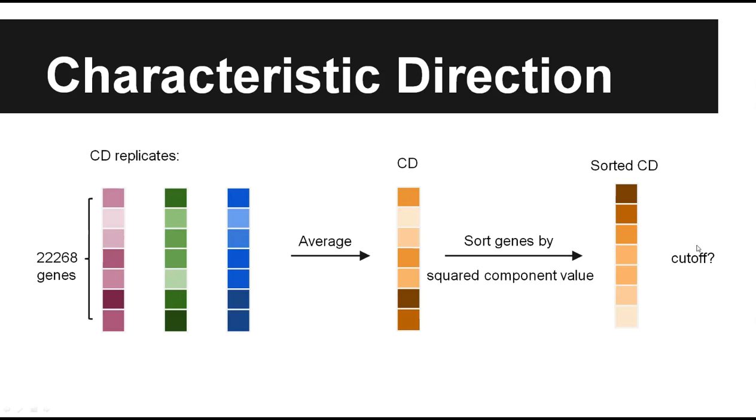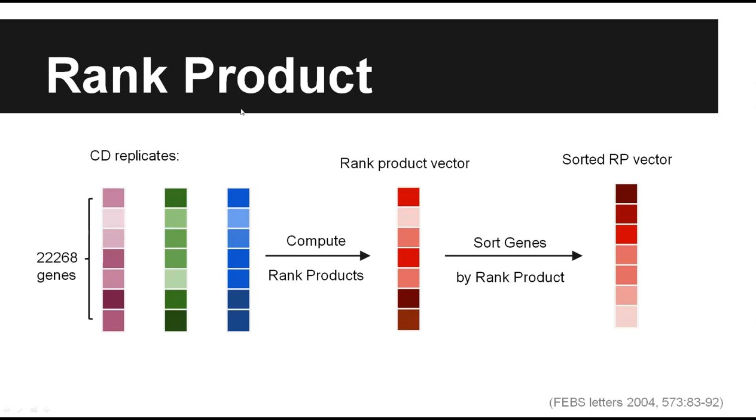I tried to apply this method to the LINCS L1000 data, but it did not work very well. So I turned to this rank product approach. This is basically a method published in 2004. I believe it's one of the most popular methods to find differentially expressed genes. Still, it starts from CD replicates as in the previous slide.